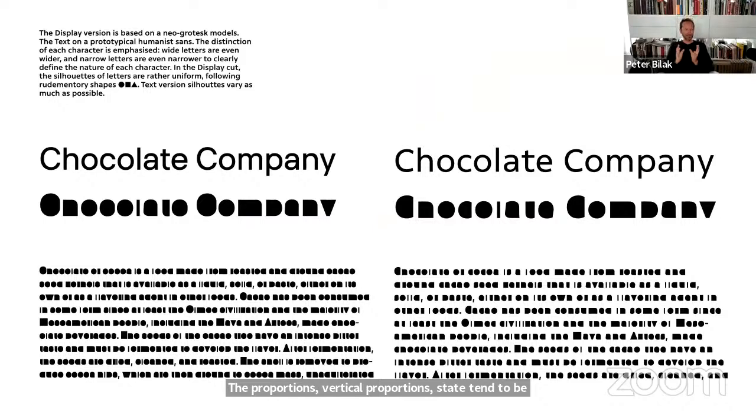We see that the closeness of counters emphasizes letter similarities and looks very attractive in large sizes, but the very same feature also makes it harder to read. So the predictability of typefaces like Helvetica works really well in large sizes, but when it's reduced to small sizes, it becomes harder to read.